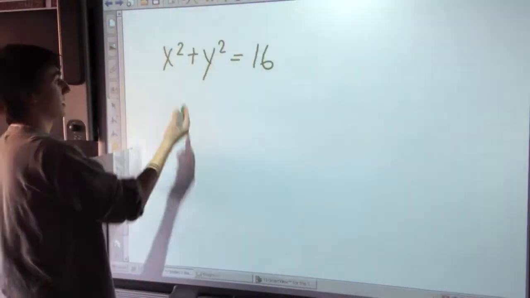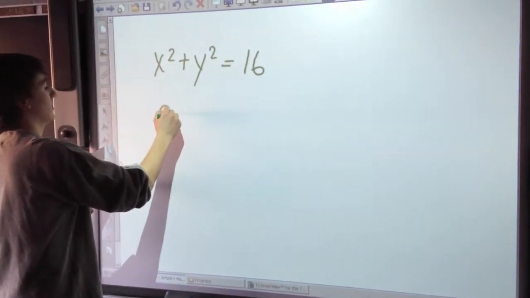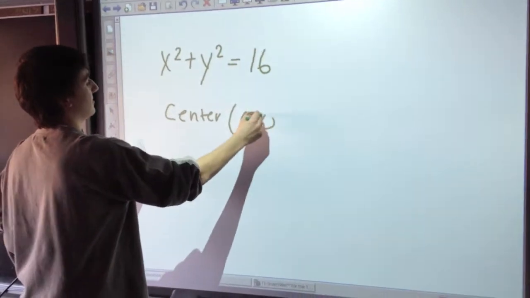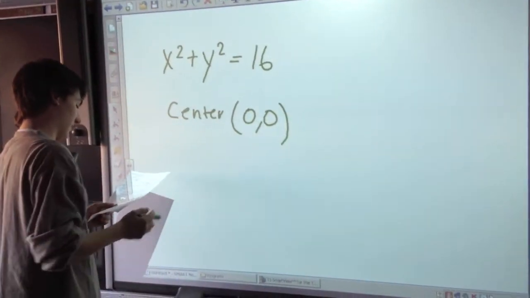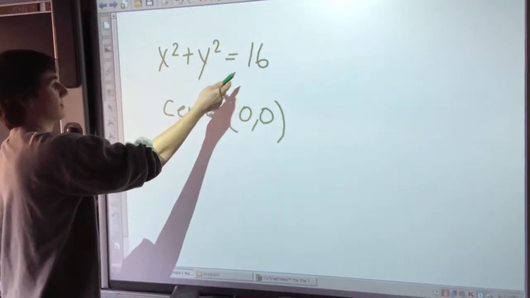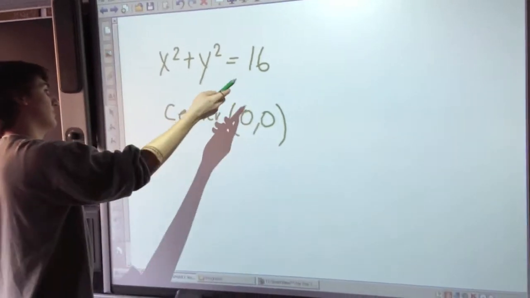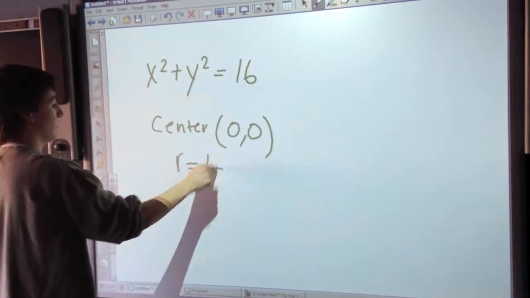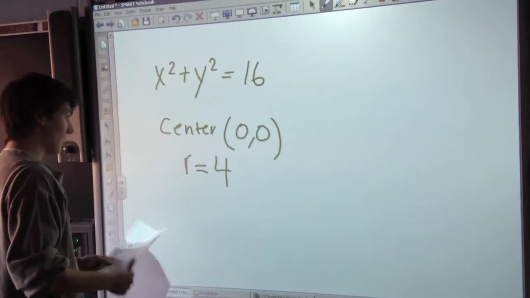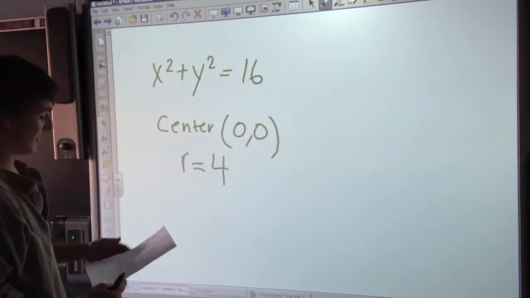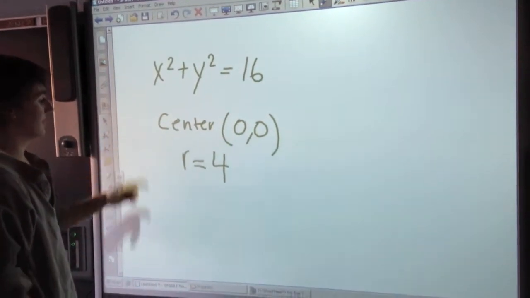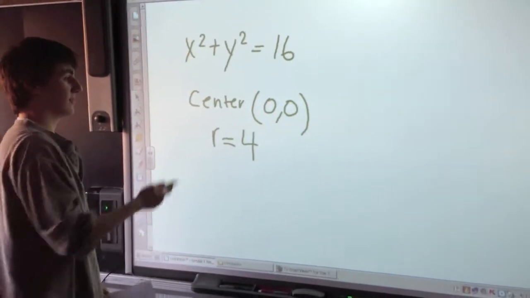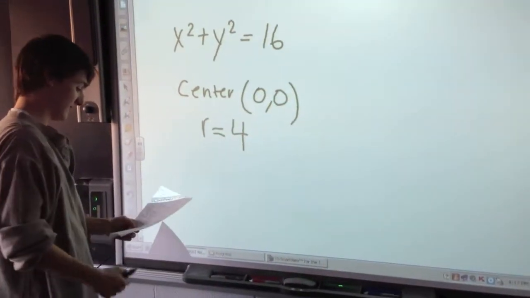So then you know immediately your center is 0, 0. And then you know that your radius is r squared, so what squared gets you 16 is 4. So your radius is 4. And that's how you find the standard form when it's not in standard form, and then if it's on the center of the origin.